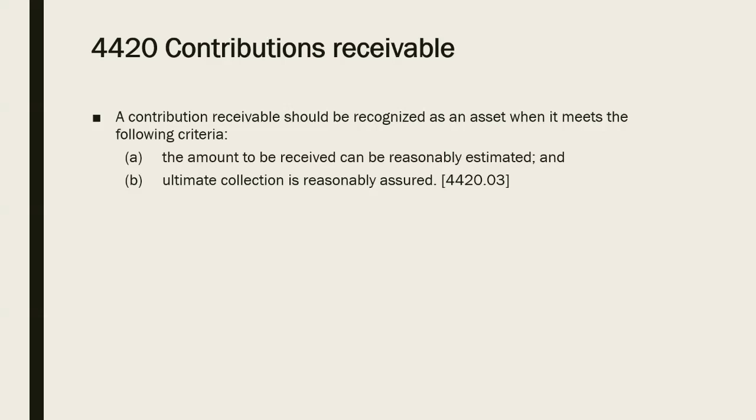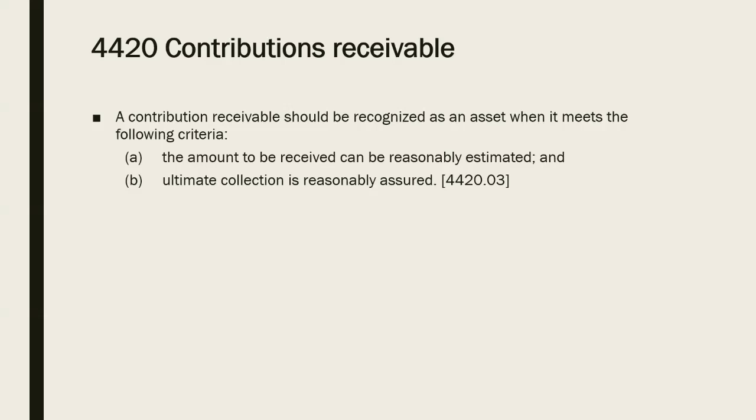We're talking about contributions receivable. So this is where potential donors have promised, they have pledged to give some money to the not-for-profit organization. The not-for-profit organization cannot enforce that promise.